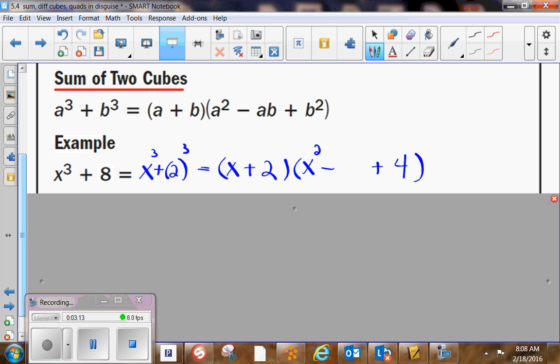And then the middle is the product of 2 times x, which is 2x. So those are the two factors of this perfect cube binomial. And again, believe it or not, if I were to multiply that out, distributing this x 3 times, and then the 2 3 times, I'd end up at x cubed plus 8.